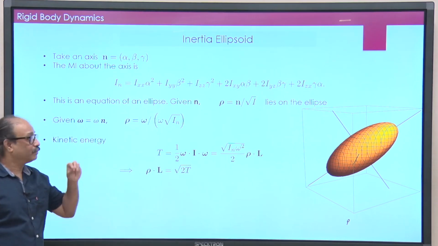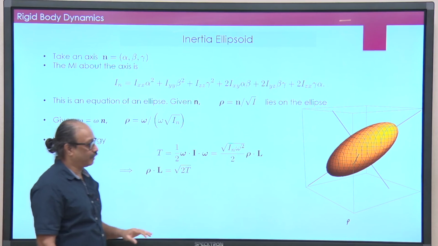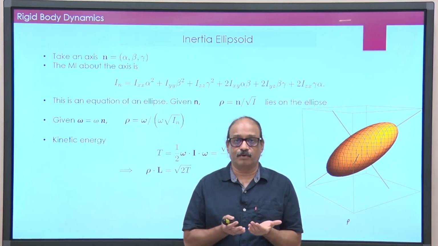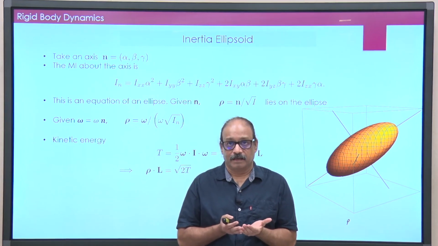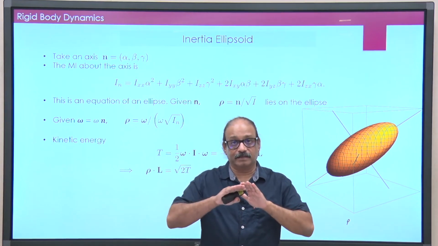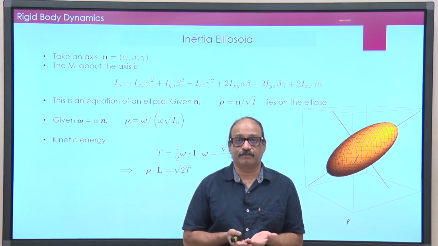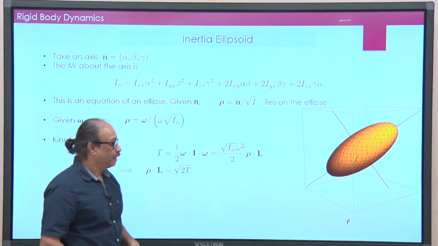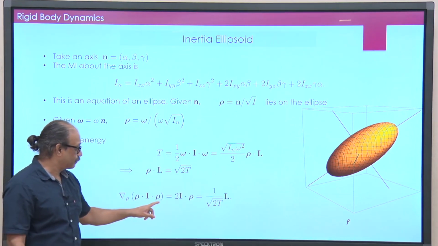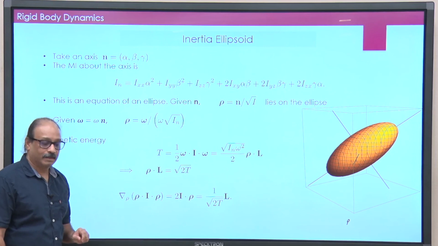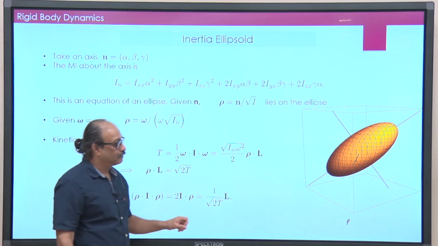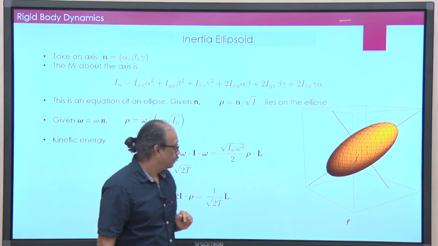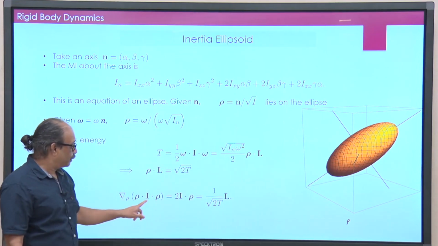So, if you think of this surface as a function of 3 variables rho x, rho y, rho z equal to constant, these are basically constant value surfaces or isosurfaces of that function. If I take the gradient of this rho I rho, that gives you the normal to the surface here. Now, how much will that come to?